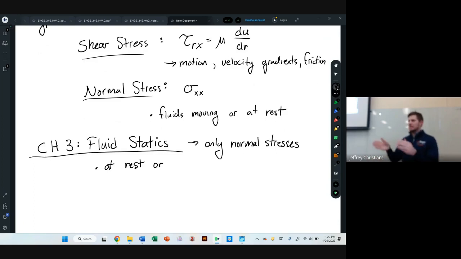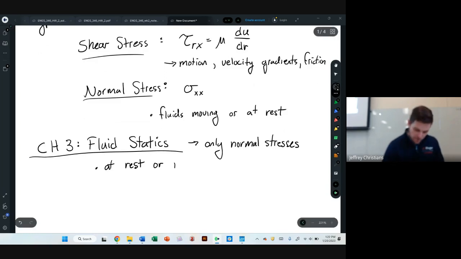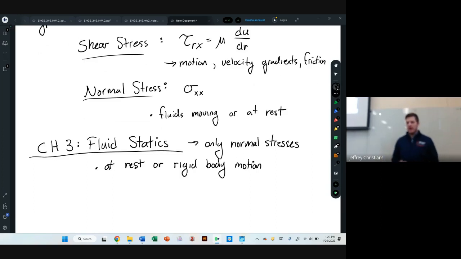Basically, you have to be moving like a solid would move. Inside of a solid, it's not deforming. You don't have sliding in there. So you could have motion, but it has to be what we call rigid body motion. So at rest or rigid body motion. We're not going to do too much with that.